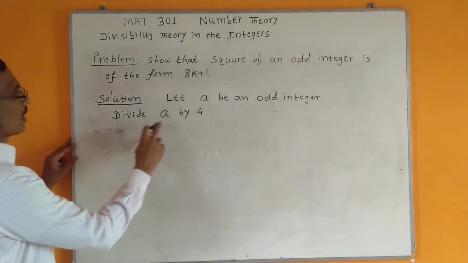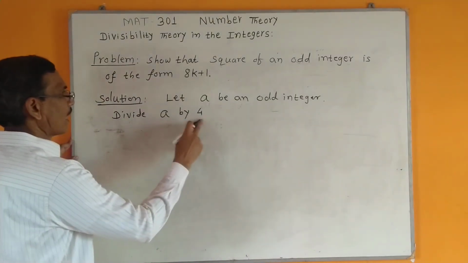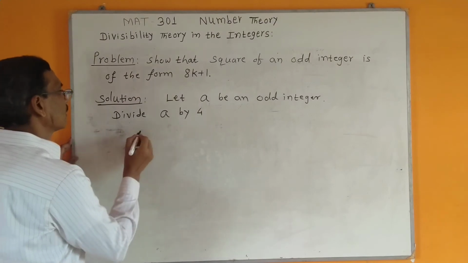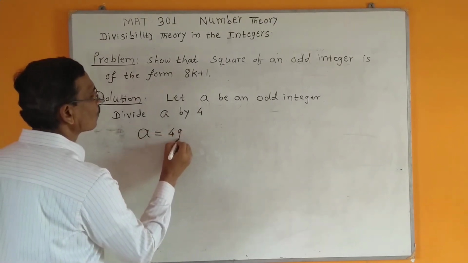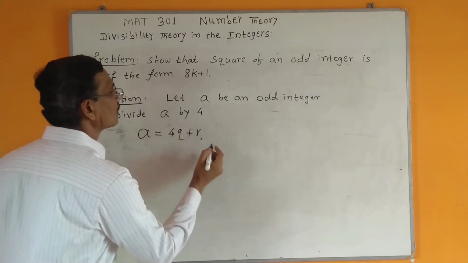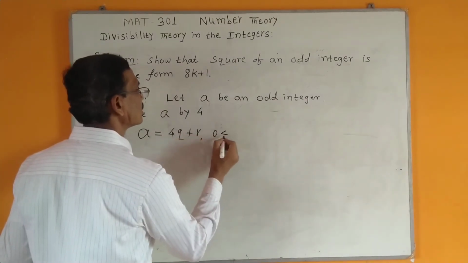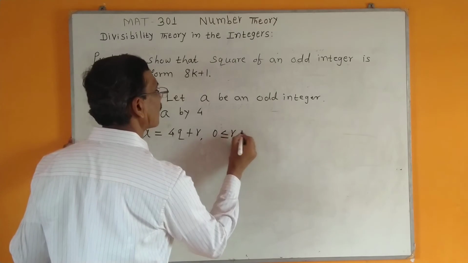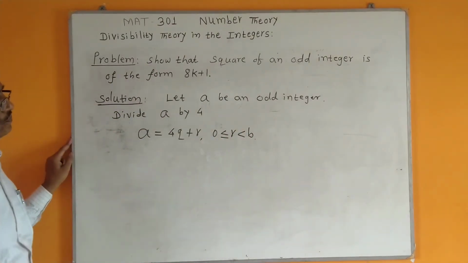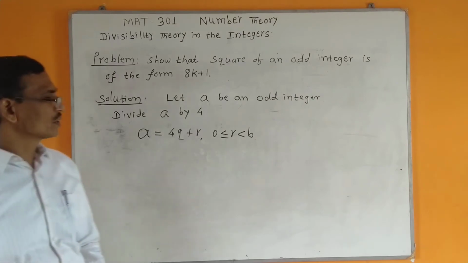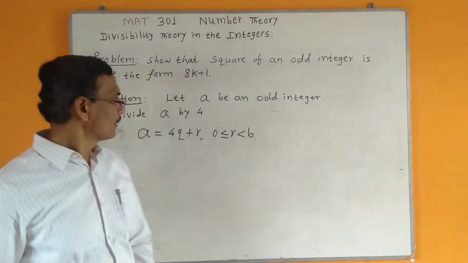Applying division algorithm for a and 4, we get a is equals to 4q plus r, 0 is less than or equal to r is less than b by division algorithm. q is a quotient, r is a remainder.